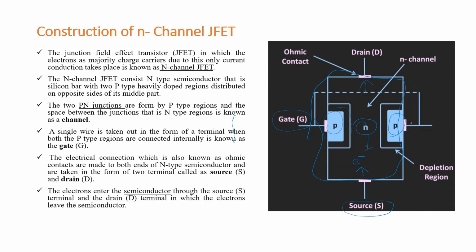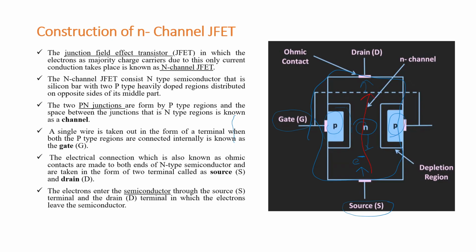So the direction of majority charge carriers is from source towards drain. This is the direction of movement of electrons or holes. Here it is electrons, and in P channel it is holes. So it starts from source and reaches the drain.